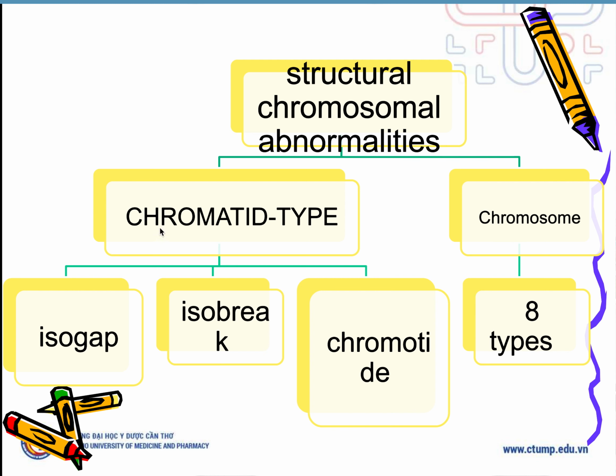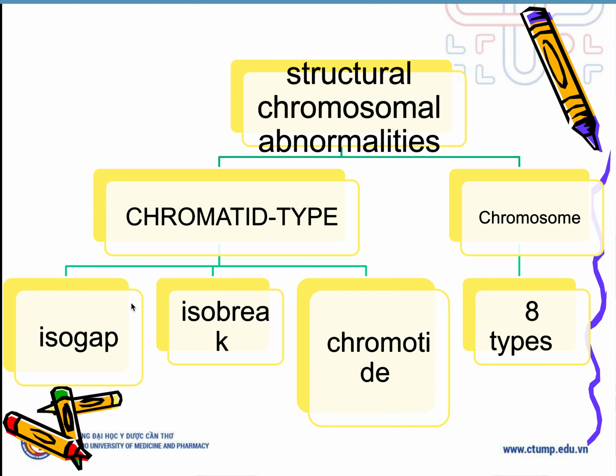For the chromatid type, they mention 3 kinds. These affect just one chromatid only.